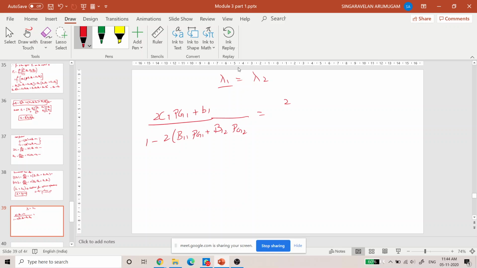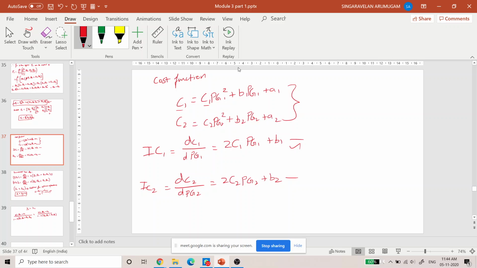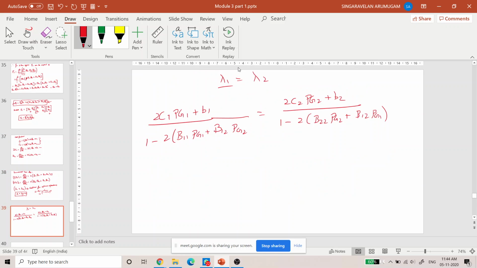Lambda 2 is nothing but (2C2 PG2 plus B2) whole divided by (1 minus 2 B22 PG2 plus B12 PG1). So we just applied all the values of the penalty factor and the incremental cost to our lambda formula and we get this.